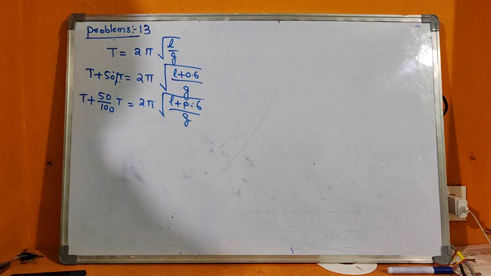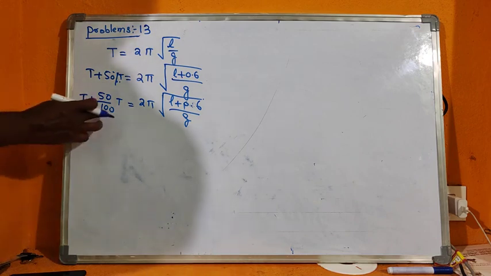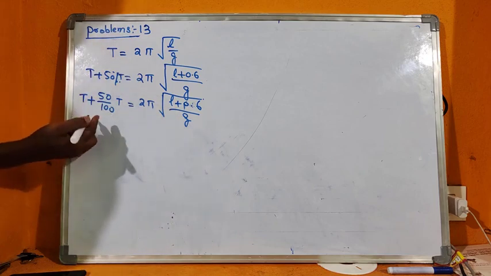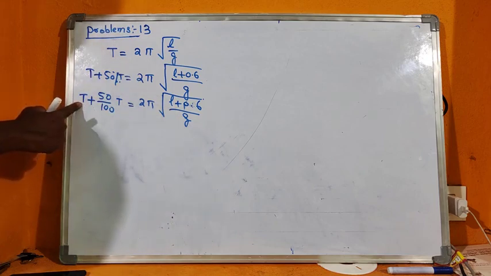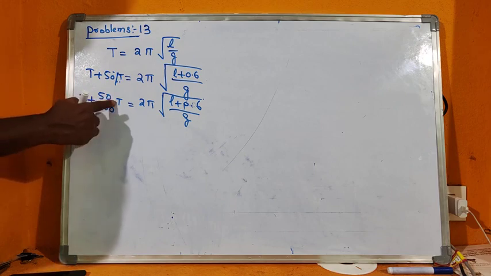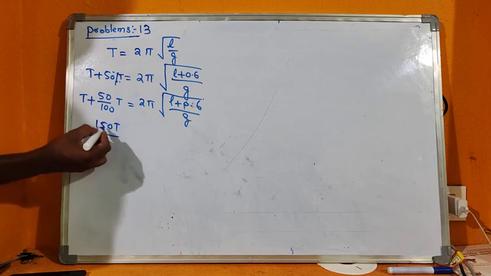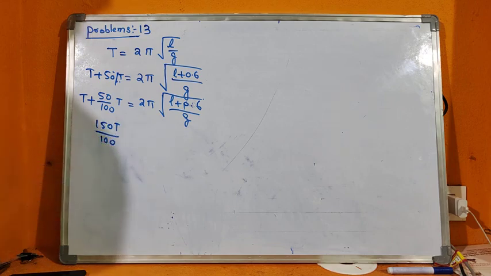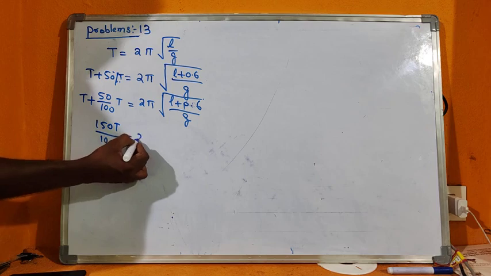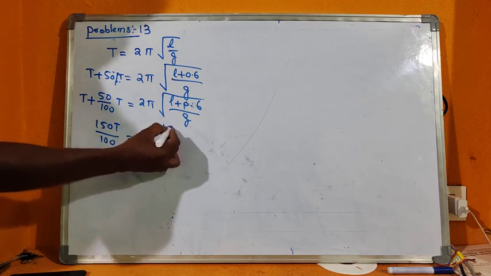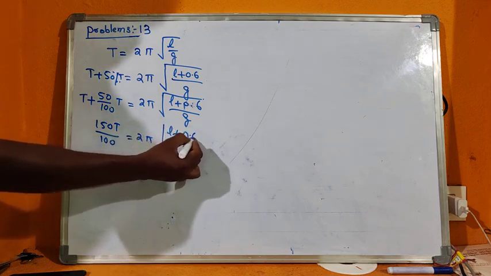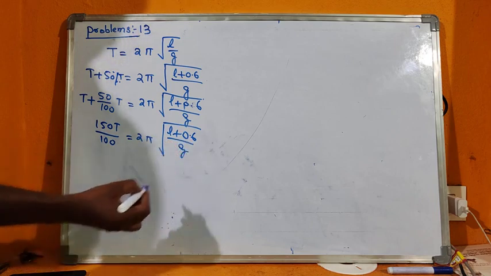By taking the LCM, this is 100T plus 50T, that is 150T by 100, which is equal to 2 pi under the root of L plus 0.6 by g.